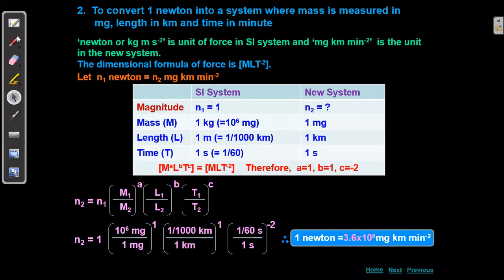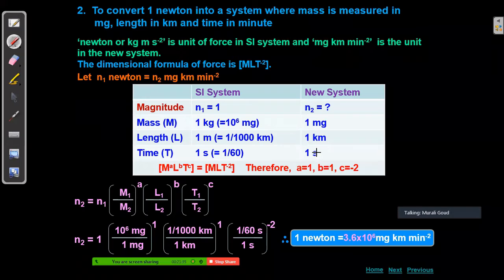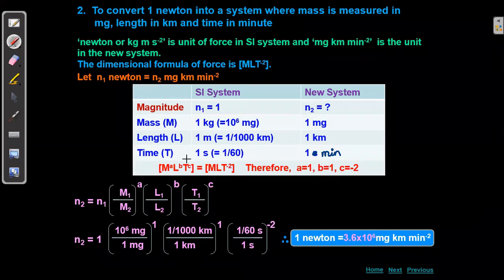Just hold on, this should be in minutes. 1 second is equal to 1 by 60 of a minute, so 1 by 60, here minute has to be written.